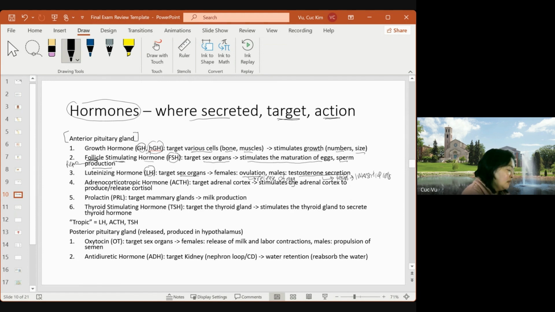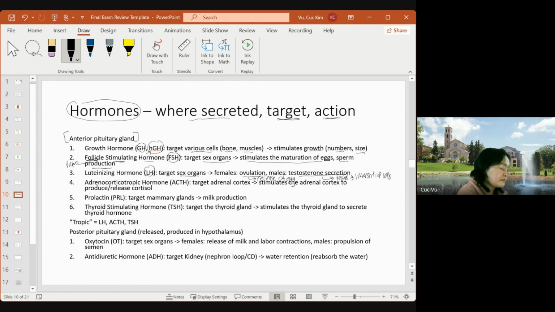Okay. So the luteinizing hormone is produced in the anterior pituitary gland, and then secreted, and it's going to move through the bloodstream, and then it's going to go to the sex organs, and that's where it's going to have its action. And you notice that that's true for all of the hormones. They have to travel through blood to get to their target organs.